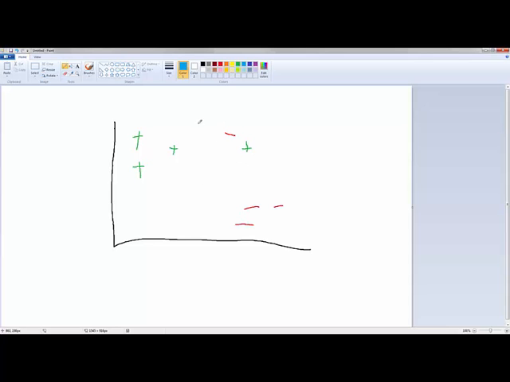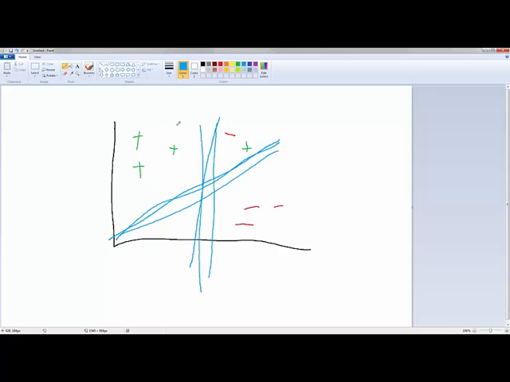So during training, we're going to first consider all the green points, and then our line will look something like this, and then we'll consider the red points, and then our line will look something like this, and then we'll just go back and forth between these two lines as we do more and more training, as these two points here fight back and forth.